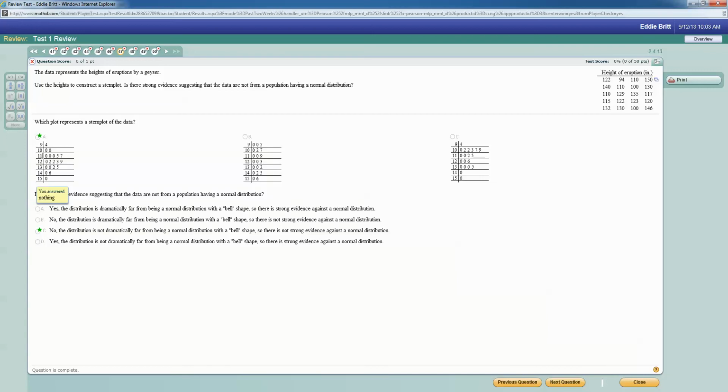So this right here stands for 110, 110, 110, then 115, 117. So first two numbers, and then the last number you put in the other column.